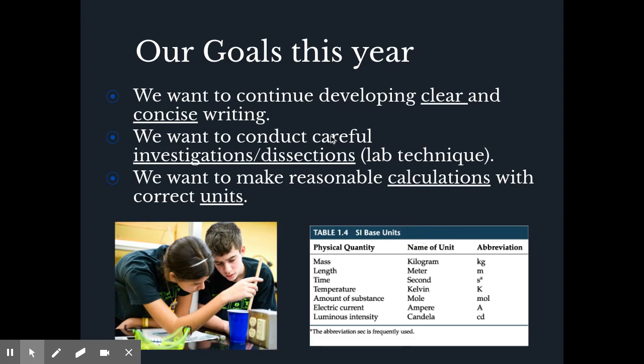We want to conduct careful investigations and dissections, which is a lab technique. Here's where I tell you that yes, we will be doing a dissection this year. No, I am not going to tell you what we're going to dissect. If you have had students, if you have siblings that were students of mine in the past, you may have an idea, but don't ruin it for everyone else.